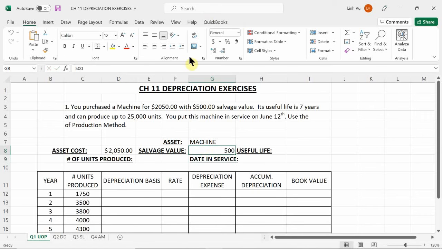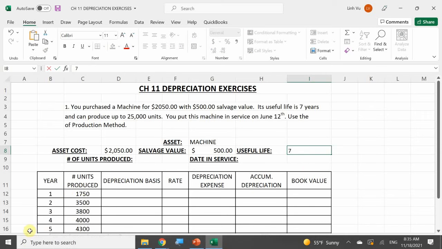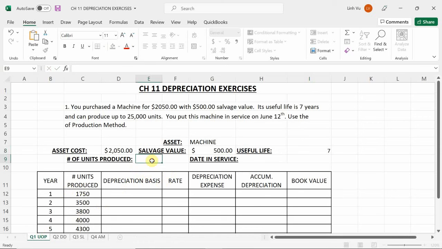What's my estimated useful life? 7 years. How many units can it produce in grand total? 25,000 units. Good. And last but not least, when's the date that we placed into service? June 12th. Perfect. Good.